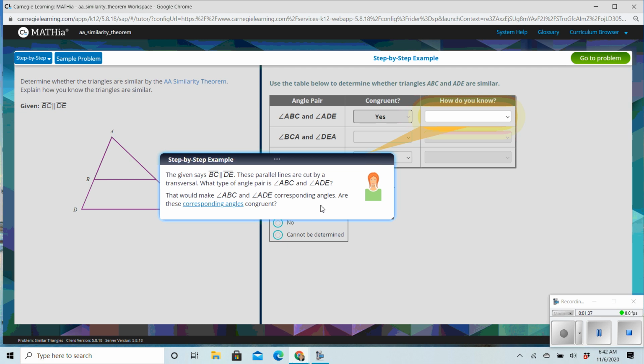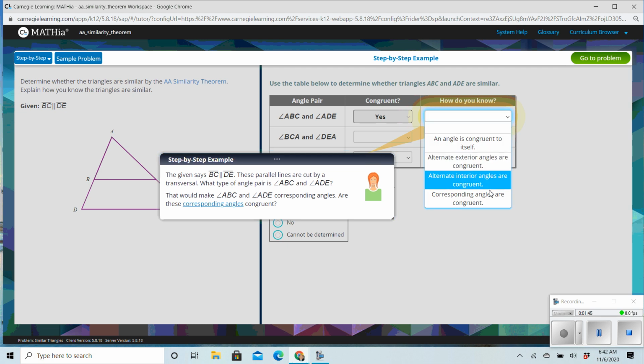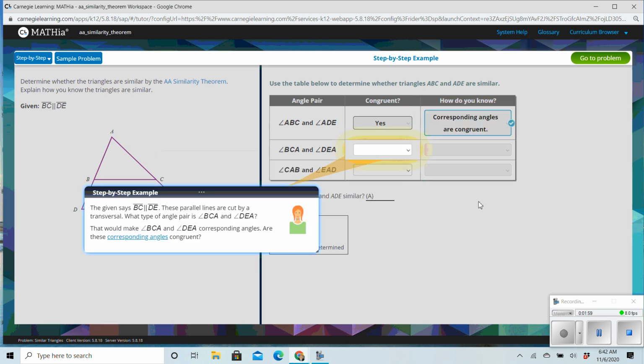Well, they kind of told us right here. It says that ABC and ADE are corresponding angles. Well, we're not talking about the angle being congruent to itself. We're talking about angle B and angle D in this example. They're not alternate exterior. They're in the relative same position. They're corresponding angles. So corresponding angles are congruent.